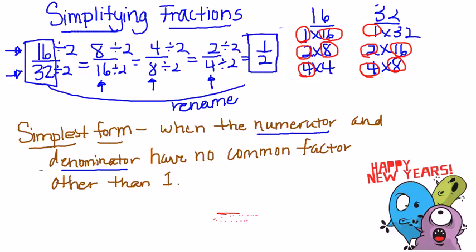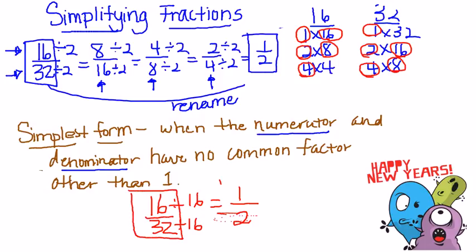I could use any one of those circled numbers to also rename this fraction to its simplest form. So if I have 16 over 32, I could use 16, I could use 8, I could use 4, I could use 2, which I used. I'm going to use 16, and look at that. If I do that, my answer on the top is 1, answer on the bottom is 2, so I got the exact same answer as what I got above, but in a lot less steps.